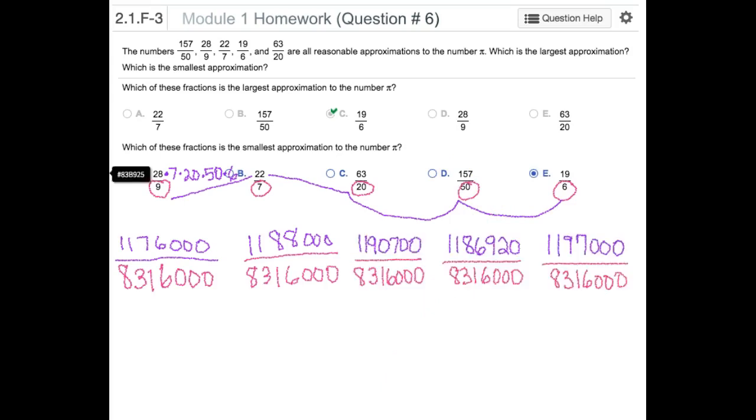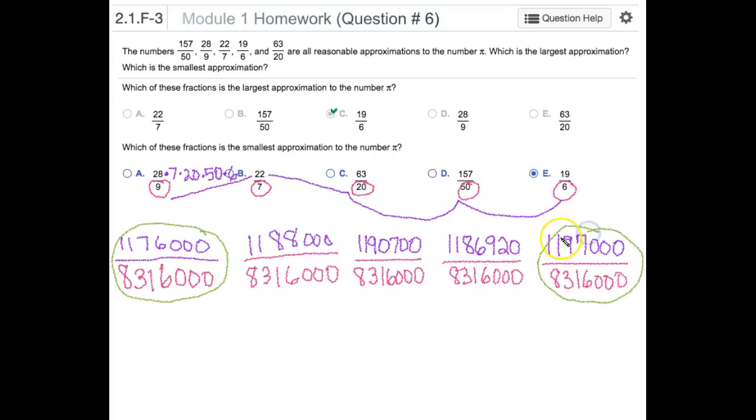Okay, so here are the final fractions, now that I got them all to have this same common denominator. And so we can figure out which is the largest and which is the smallest by looking at the numerators and just seeing which has the smallest numerator or the largest numerator. It's kind of funny that the smallest numerator ends up being on the left and the largest ends up being on the right.